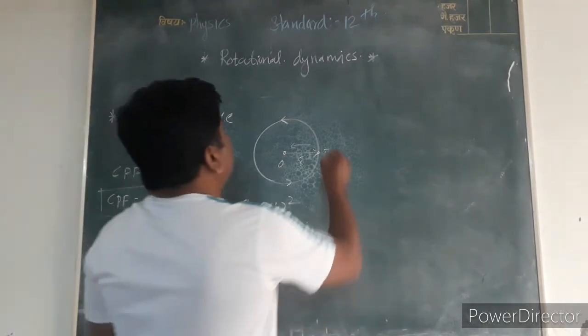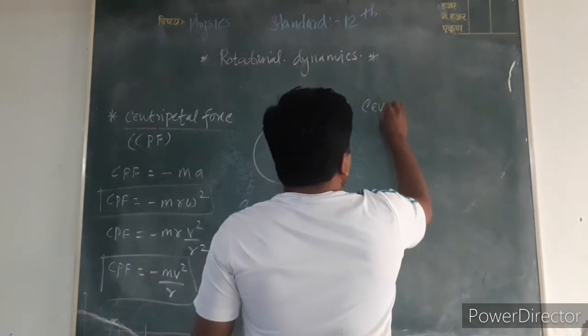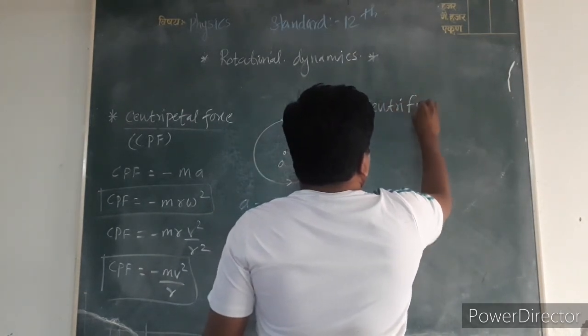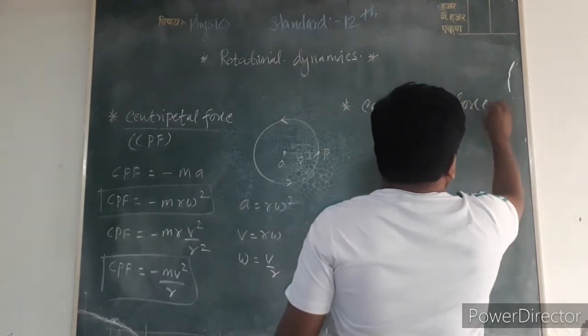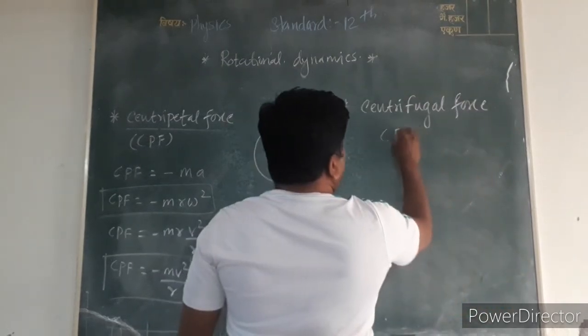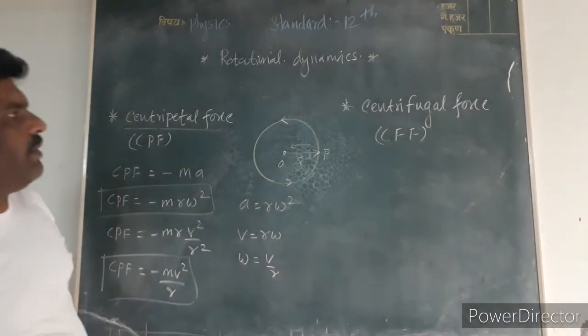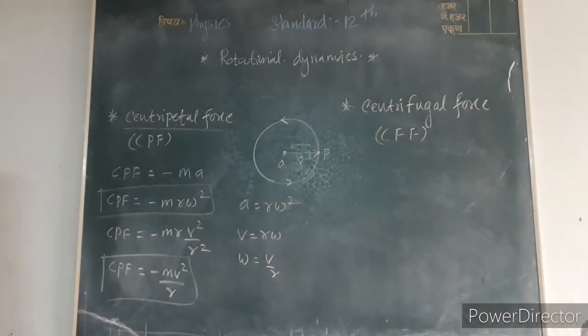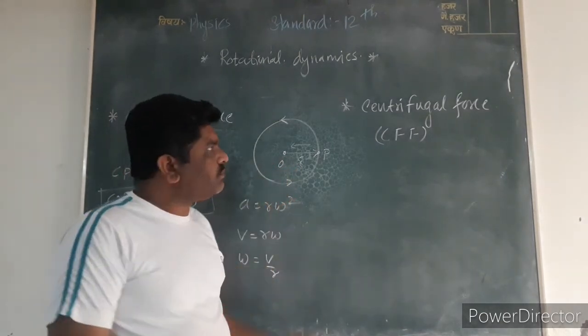Now, the second force in uniform circular motion is called centrifugal force, denoted as CFF. Now we define the centrifugal force in the same figure.